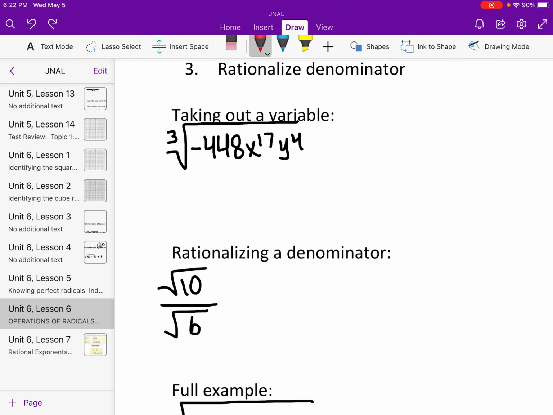So, to review taking out variables, we need to see if 448, if you're able to split that apart. What two things can multiply to equal negative 448, where you can take the cube root of one of them? That's kind of hard to think of.